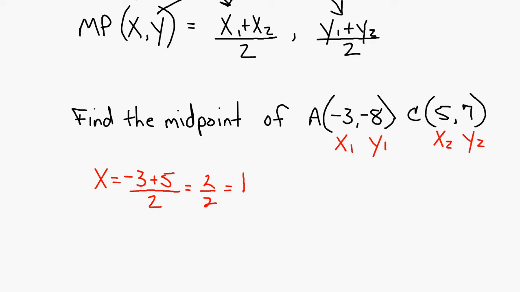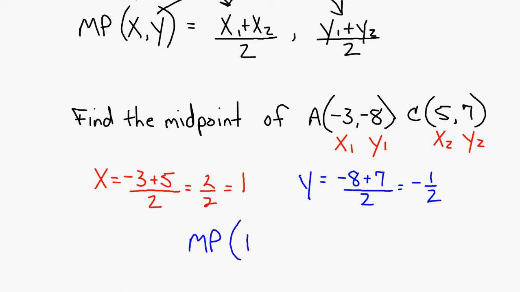Our y value at the midpoint is going to be equal to -8 plus 7 divided by 2. And that's -1/2. All right, so our midpoint is going to be located at 1, -1/2.